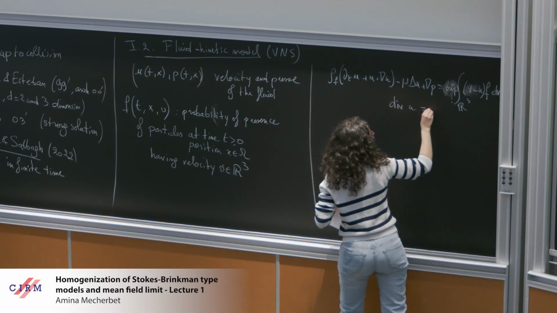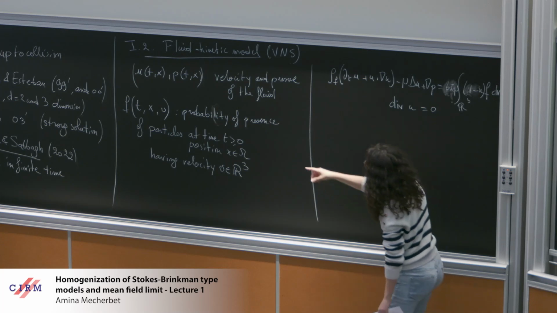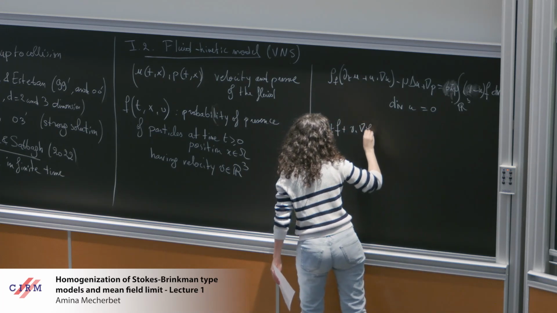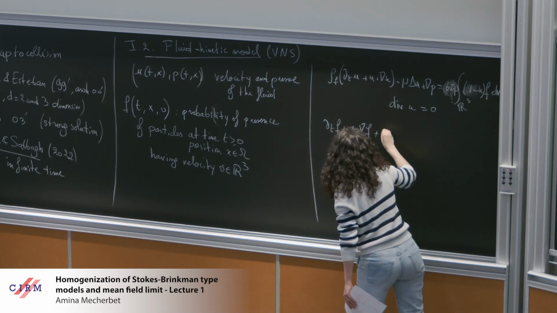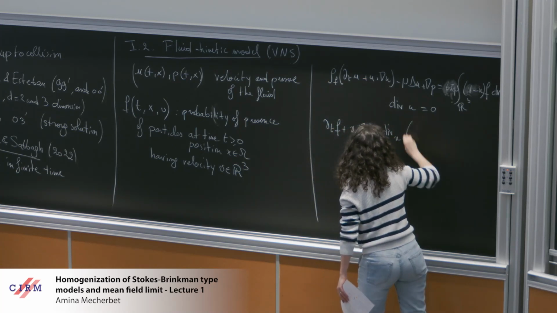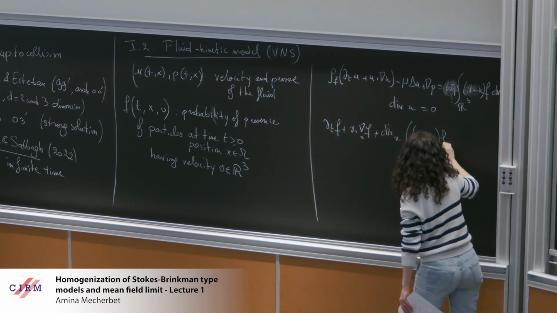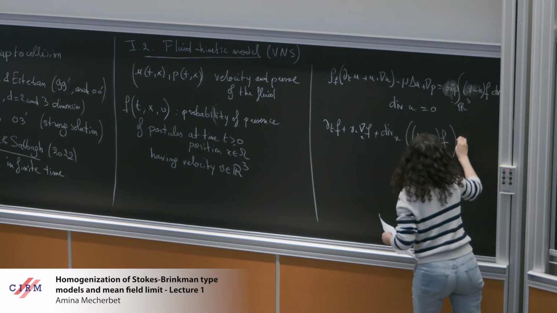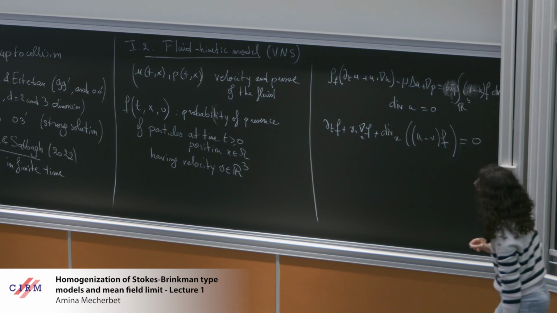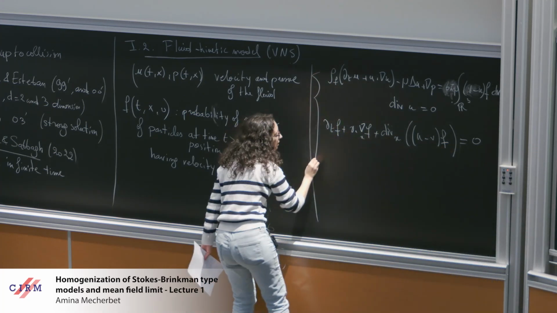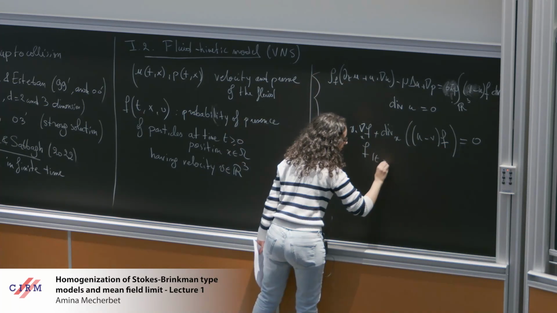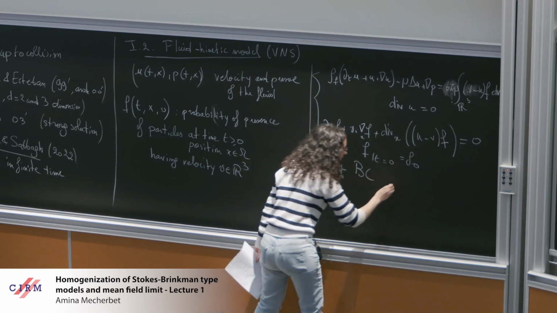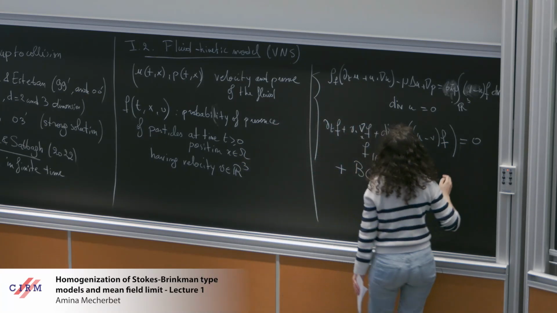Still the velocity is divergence free, and we have a Vlasov equation for f. I will just keep this for the Vlasov-Navier-Stokes with some initial condition plus some boundary condition on the domain Omega.